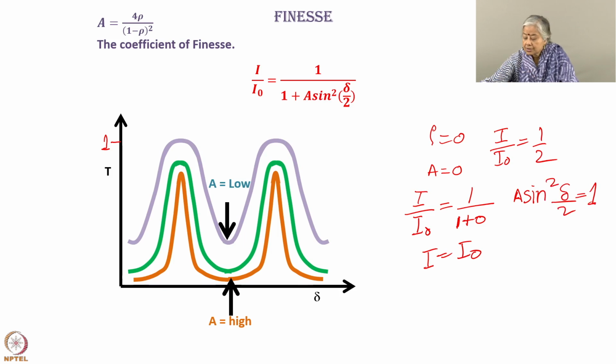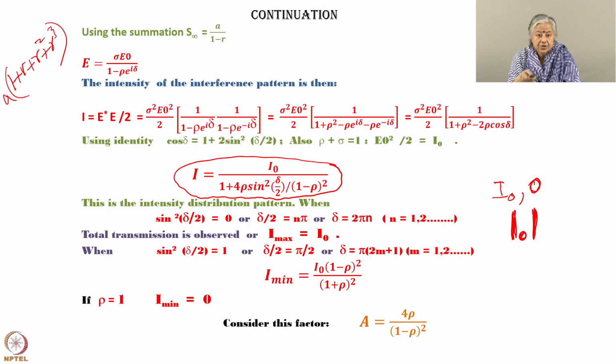Sine square delta by 2 is equal to 1 when delta is equal to pi (2m plus 1).